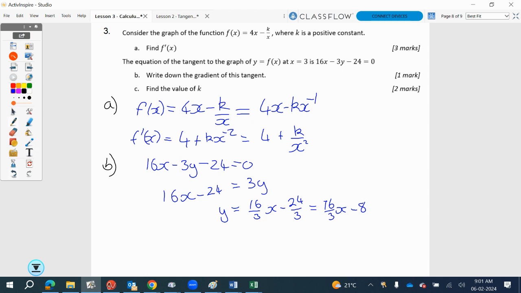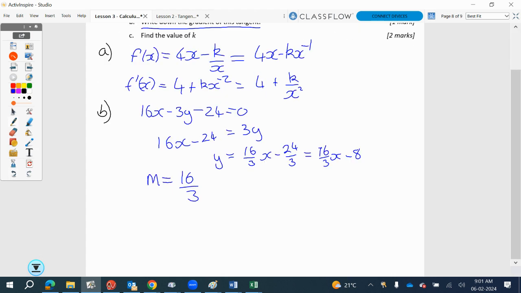That's much better. What is the answer to the question? The gradient is 16 over 3. Make sure you're answering the question.